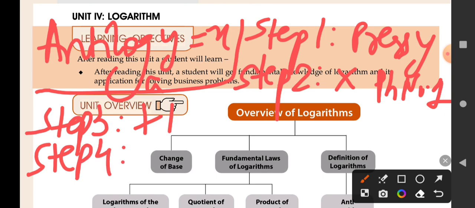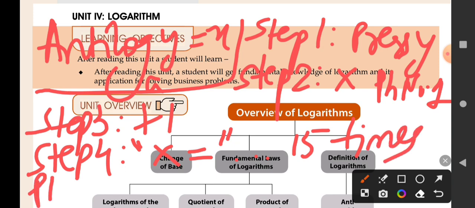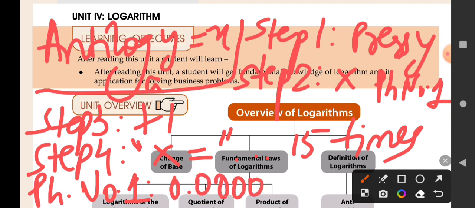Step 4: Multiply equal to, press 15 times. So what is phone number 1 equal to? 0.00070274. Again, this is the shortcut calculator trick to calculate anti-log.